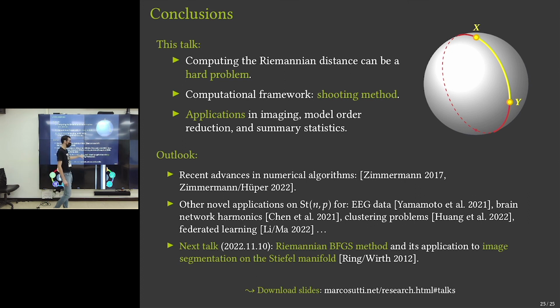They have faster convergence than steepest descent or the gradient method, in general. And its application to image segmentation on the Stiefel manifold. They also consider the Stiefel manifold in this paper. So I will talk about this next time. Thanks for listening.